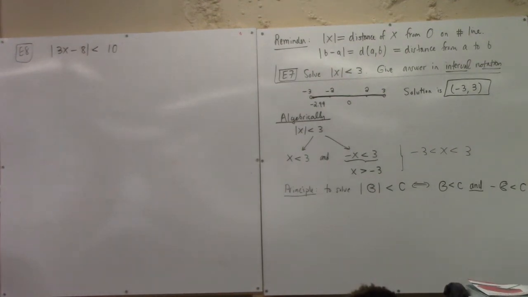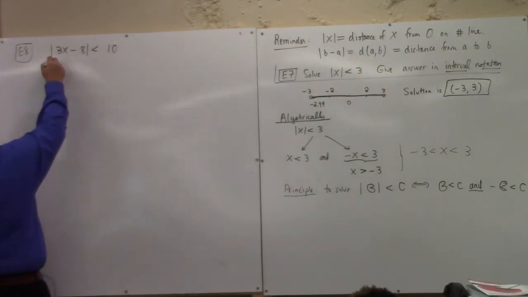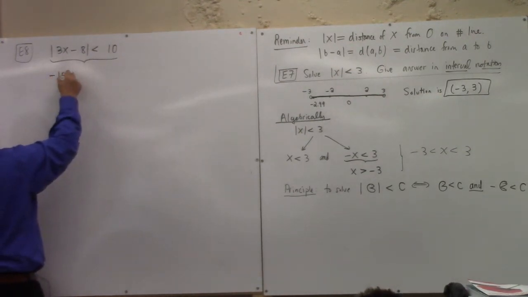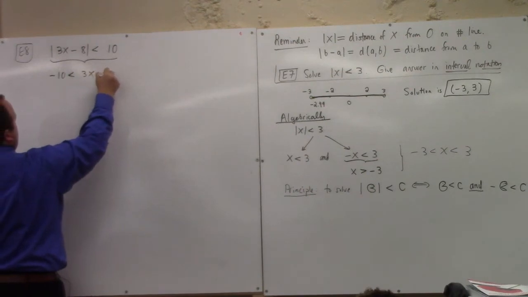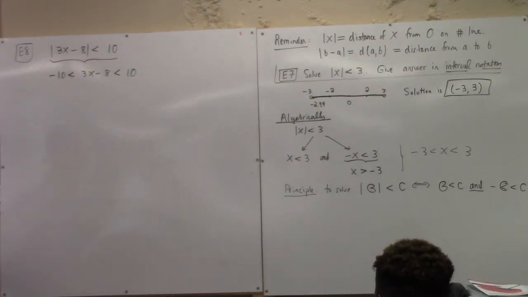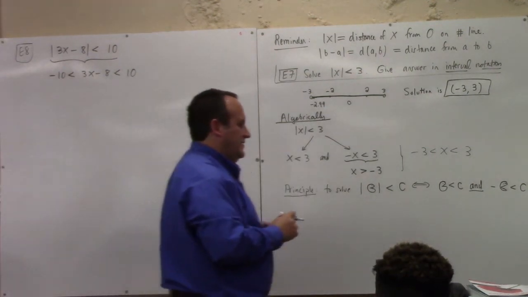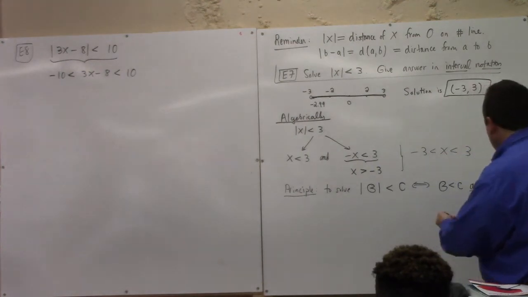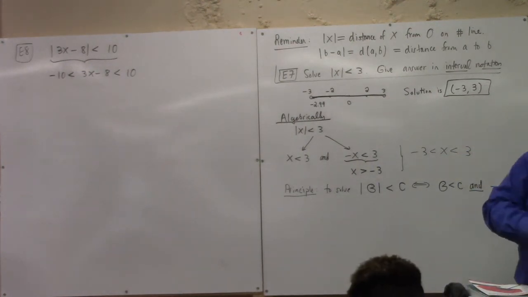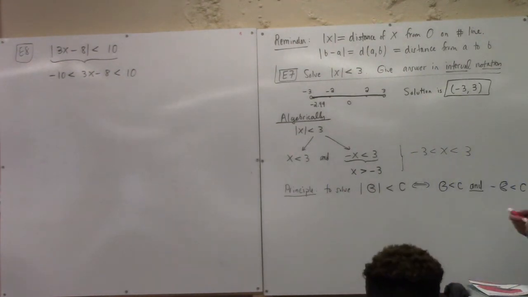So what I'm telling you is that this can be exchanged for the following: minus 10 is less than 3x minus 8 is less than 10. Yeah, this is not wrong, but it's also not helpful. Let me fix this.